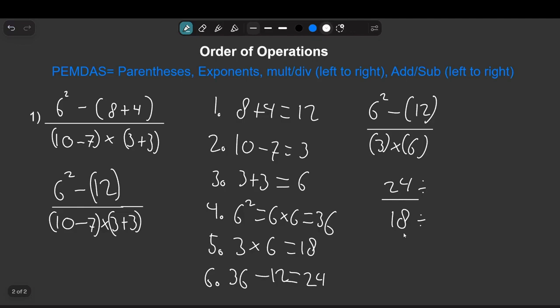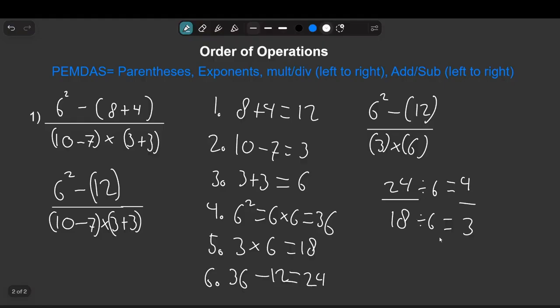So 24 and 18, we can both divide by 6. 24 divided by 6 is 4, and 18 divided by 6 is 3.